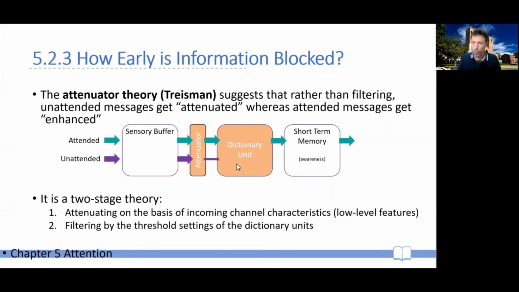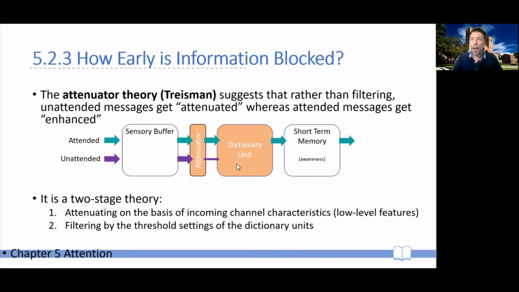And so the dictionary unit lowers the threshold of things that are expected. So this is a mechanism that will allow for information that is not being monitored, so unattended information, to still make it through under certain circumstances. If somebody mentions my name, if somebody says the word fire, words that have high priority, it still allows me to recognize them.